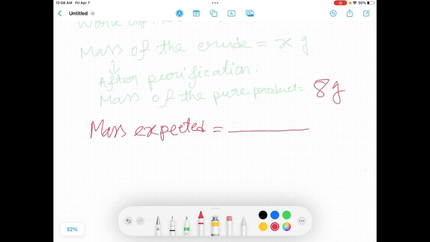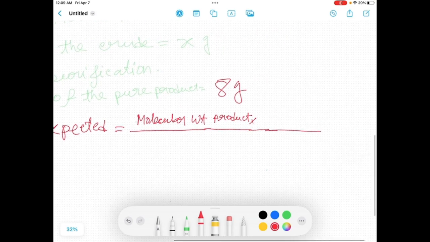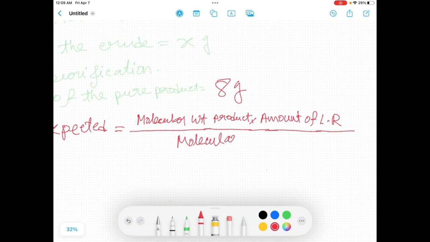That would be the molecular mass of the product, molecular weight or mass of the product, times the amount of limiting reagent you used, divided by the molecular weight of the limiting reagent.